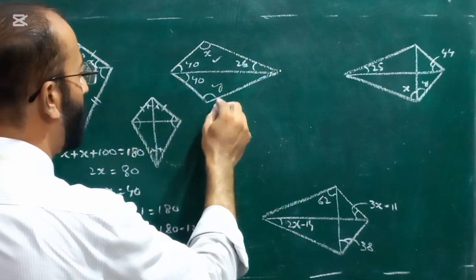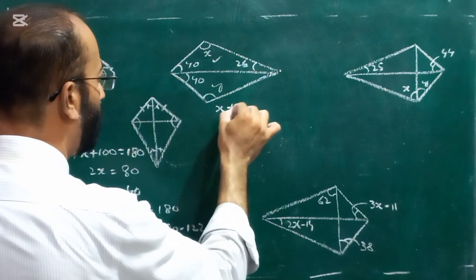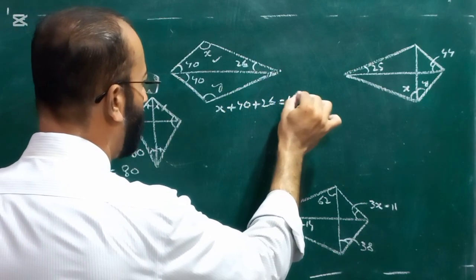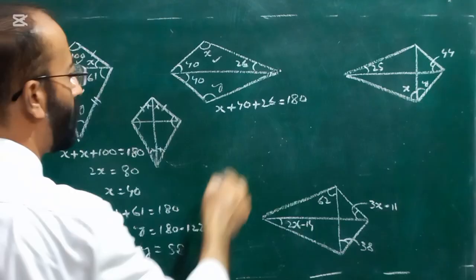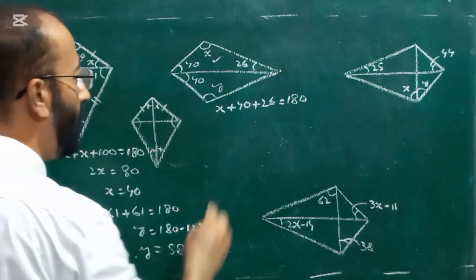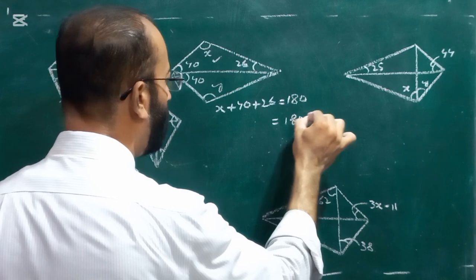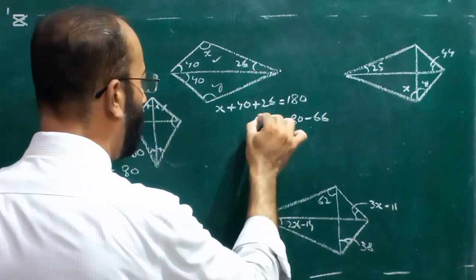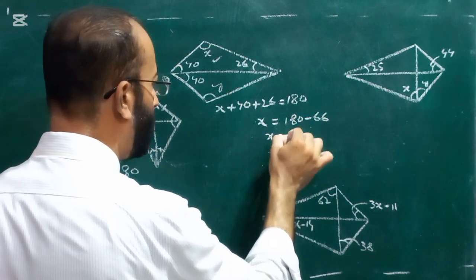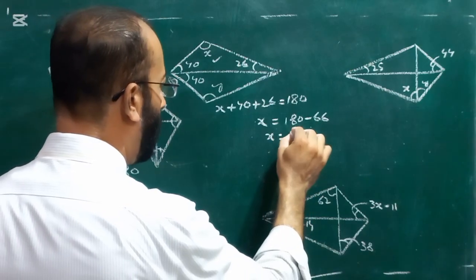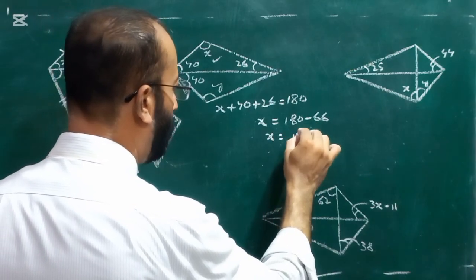So x plus 40 plus 26 should be equal to 180 degrees, because the sum of the angles of the triangle is 180 degrees. So this 66 will be subtracted from 180 to give us the answer of x, that will be equal to 114.